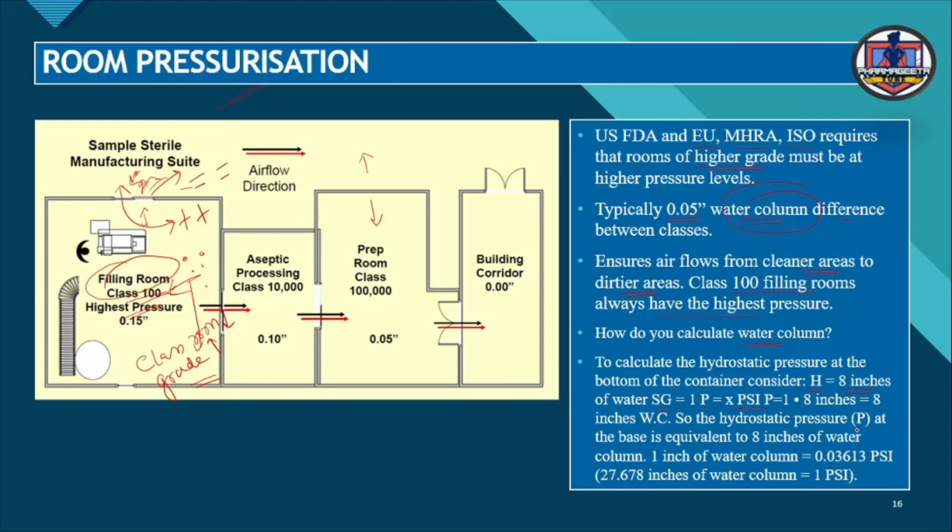The hydrostatic pressure P at the base is equivalent to 8 inches of water column. So 1 inch of water column equals, when converting from inches of water column to psi, this is the main calculation you have to remember: 1 inch of water column is 0.036 psi. It is enough to remember up to 3 significant figures.